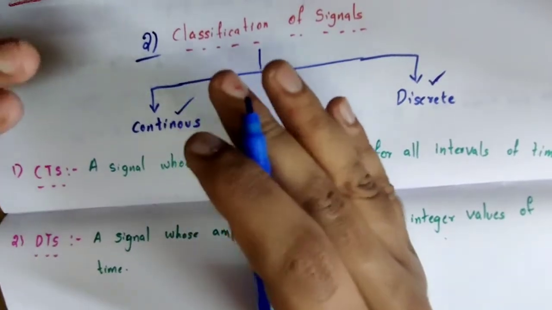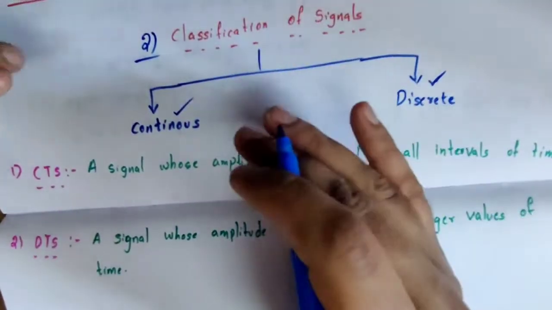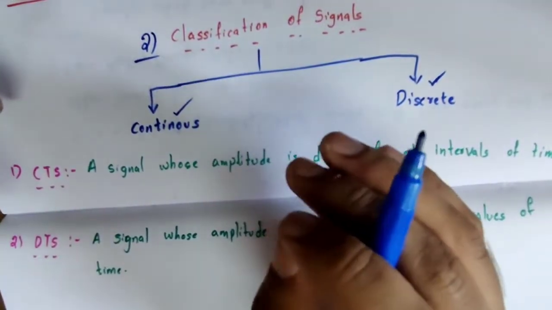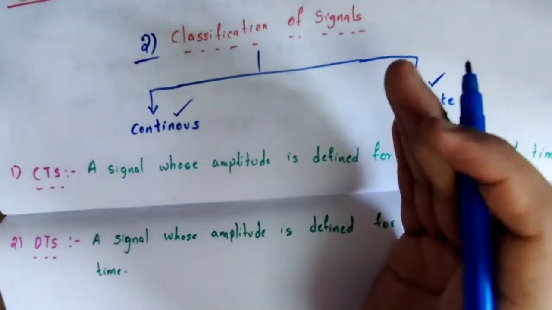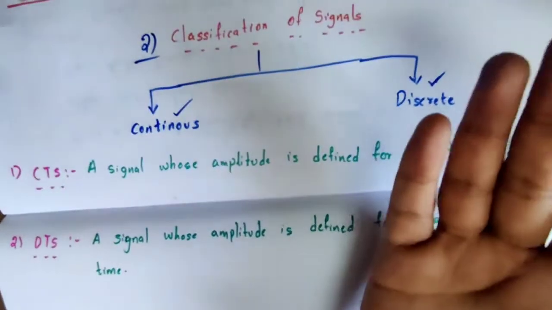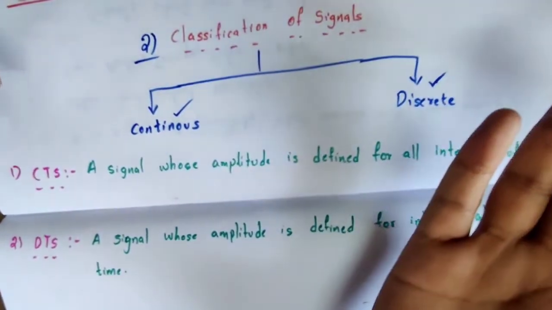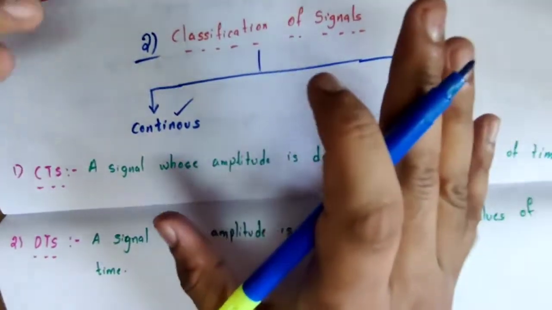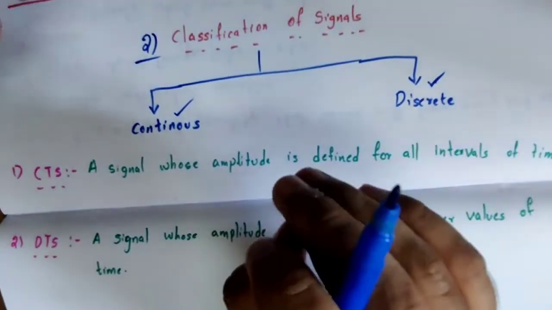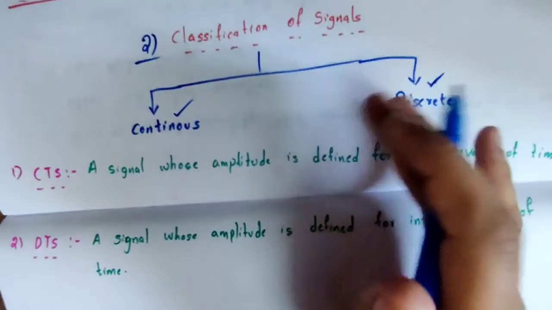In the entire BTech or undergraduate course, you will be discussing only one dimensional signals. Two dimensional and three dimensional signals are discussed in your further studies like MTech or PhD. So the two dimensional and three dimensional are not at all necessary for you. Just for the sake of definition, you remember them.